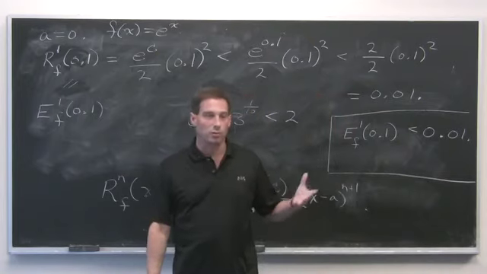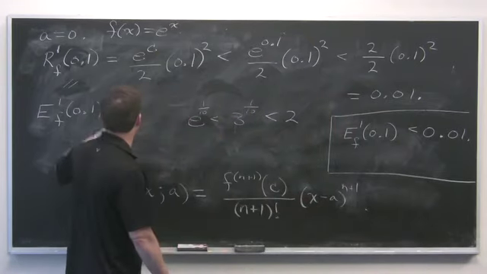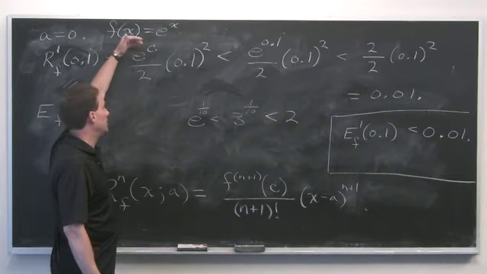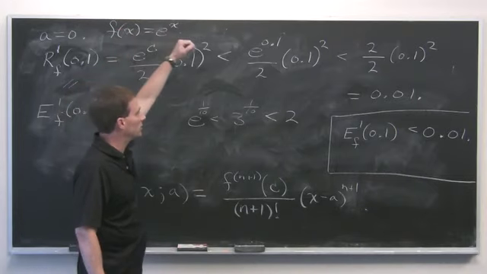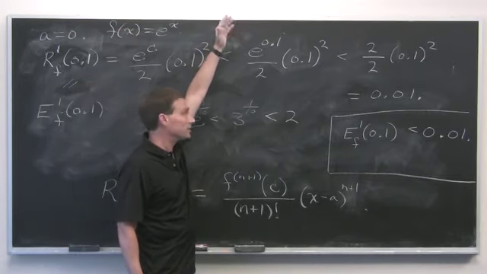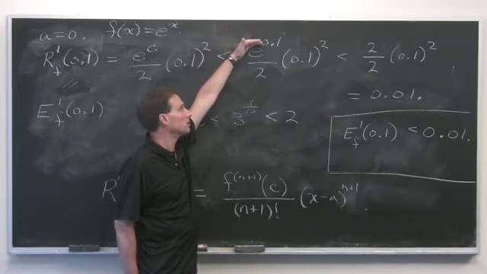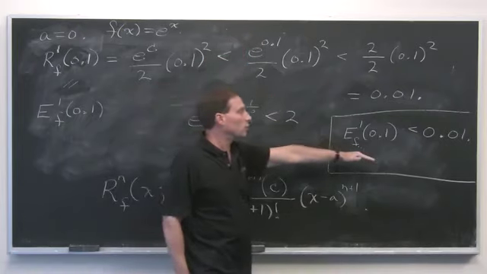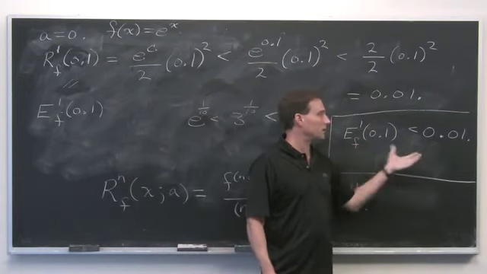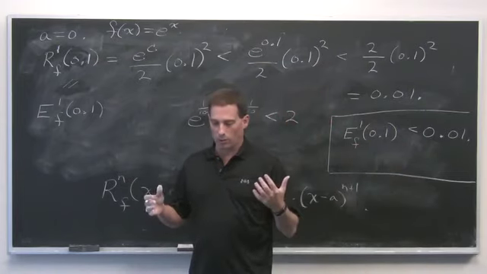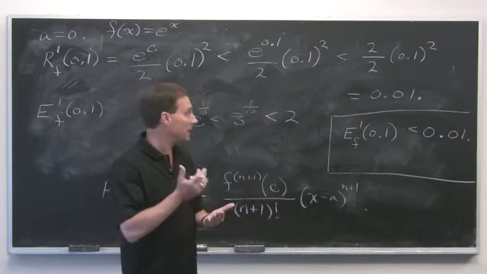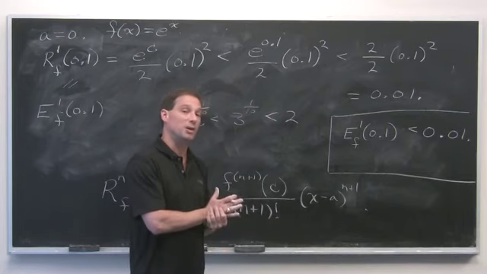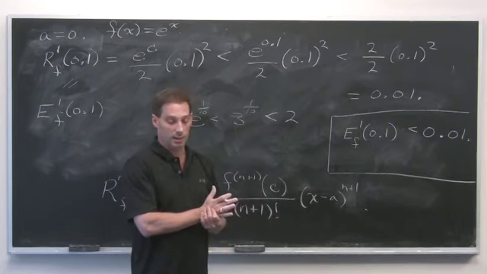We don't know how much less than, and we took some crude upper bounds: there's some c, and raising e to powers is an increasing function, so we know it's less than this. That's less than 2. So this is a crude upper bound. There's no reason to expect that that's terribly close to the actual error, but at least you can say the error is less than something by hand.